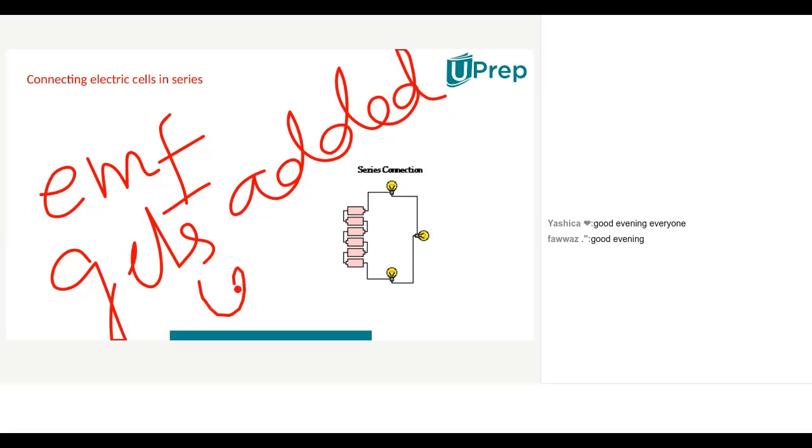Ma'am, EMF means electromotive force, right? Electromotive force, it is just potential difference or voltage. All of them mean the same: EMF or voltage or potential difference. This is nothing but the rating you see as 5 volt, 10 volt on a battery. So all of them get added up. There will be more current in the circuit.